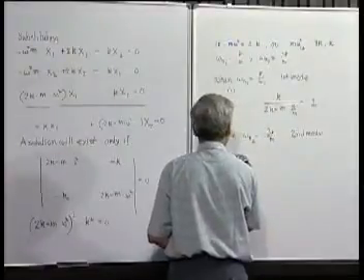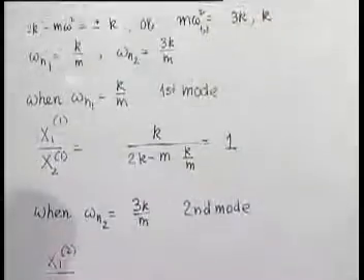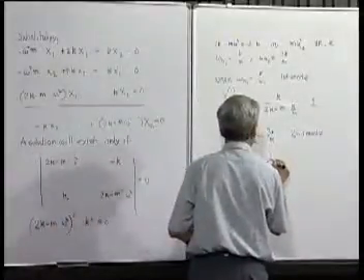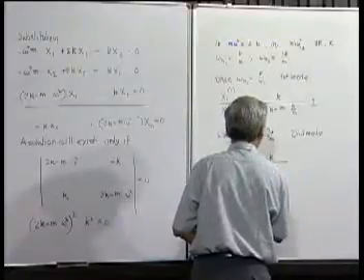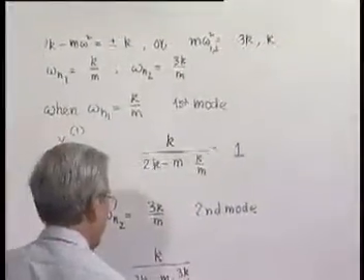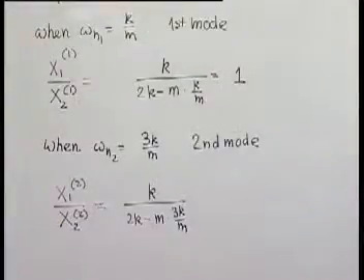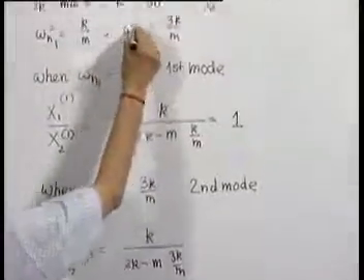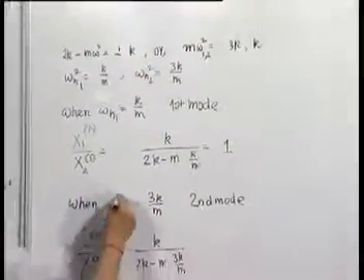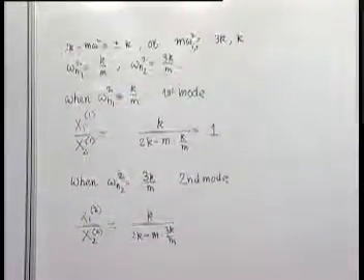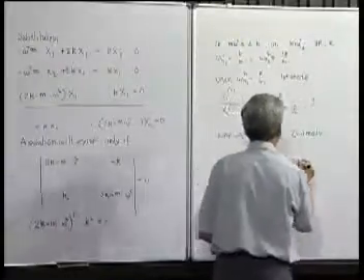So it is simply 1. When omega n2 is equal to root 3k by m, that is the second mode, then if we substitute it here, x1 for the second mode by x2 for the second mode is equal to k by 2k minus m times 3k by m, because omega n2 squared is 3k by m.